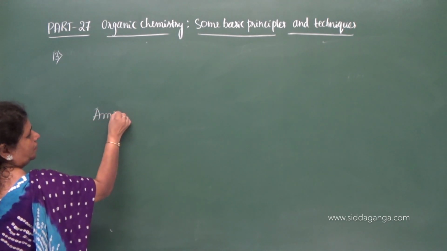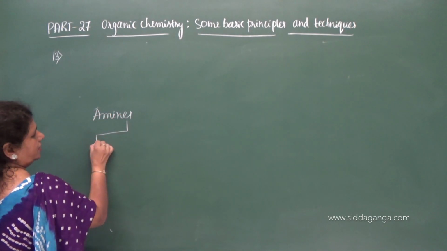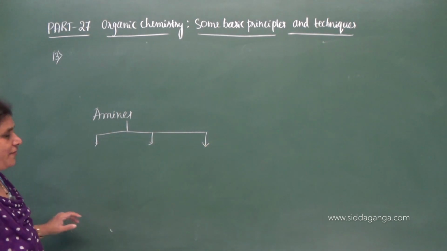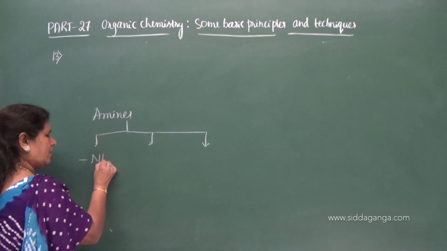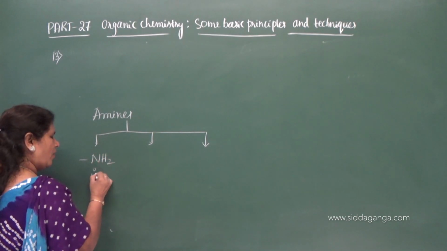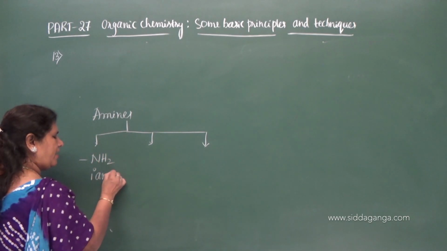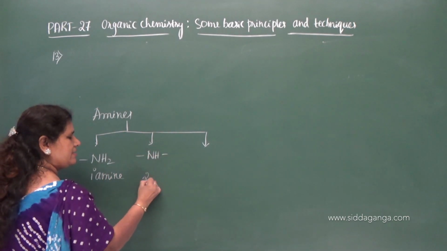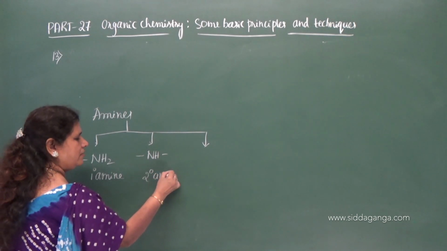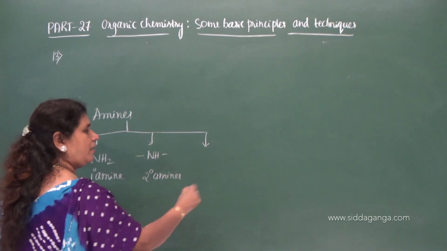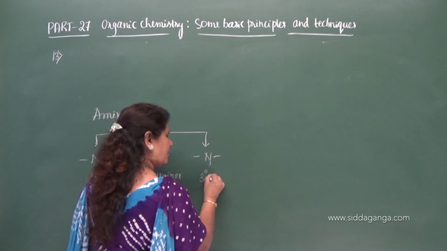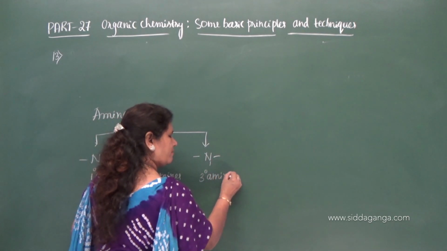Before going to amines, as we know, amines are classified into three types. If the NH2 group is there, it is primary, that is primary amines. If NH is there, secondary amines. And if only nitrogen is there, then it is tertiary amines.